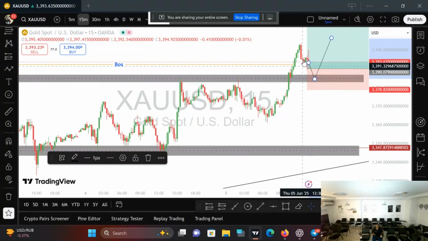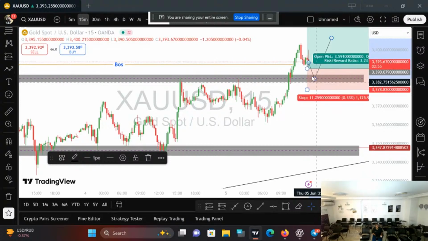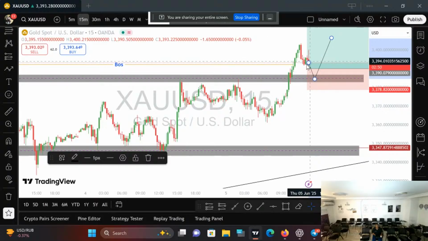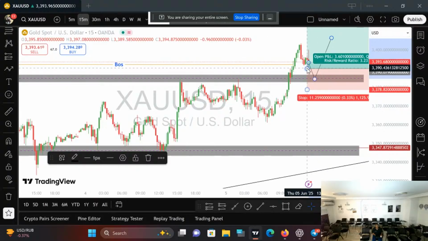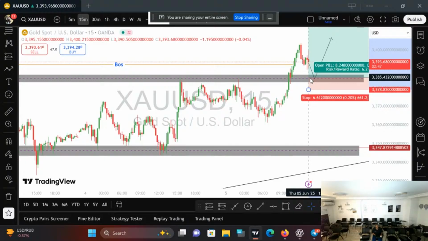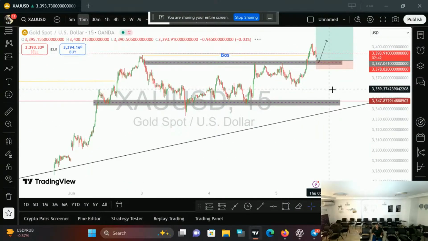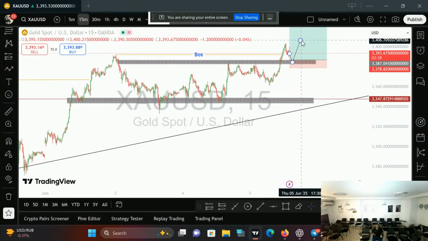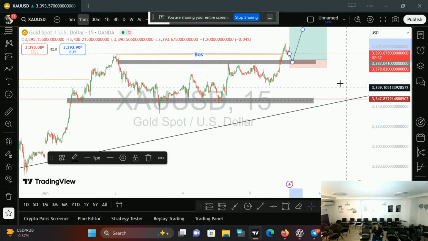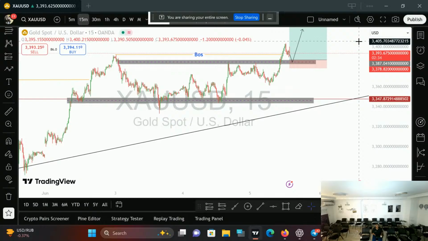But you can still enter your market now. If not, you wait for it to come here. But we are not sure if the market is going to actually come back here. You can take your buy here, or you wait for the market to come down here before you take your buy. This is around the 15 minutes. In fact, let's wait for the market to come down here and take our buy, right?